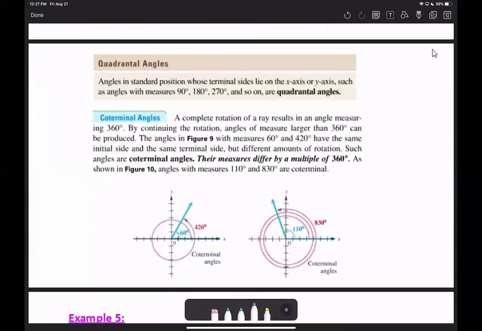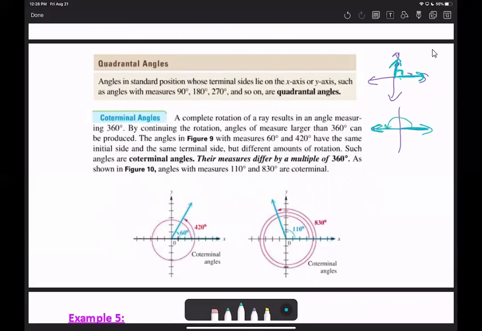Let's say you have an angle that falls on the x or the y axis. So if I draw an x and y axis, we're talking about angles that would have an initial side here and a terminal side here. Well, this would be a 90-degree angle. Let's say then that I had an angle whose initial side is the positive x-axis and it stops here on the negative x-axis.